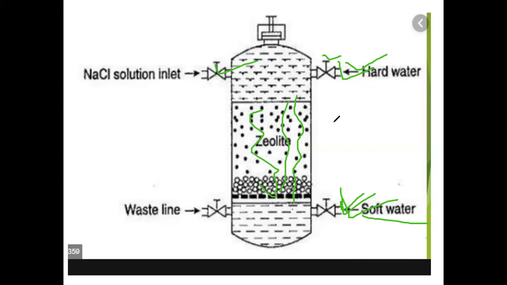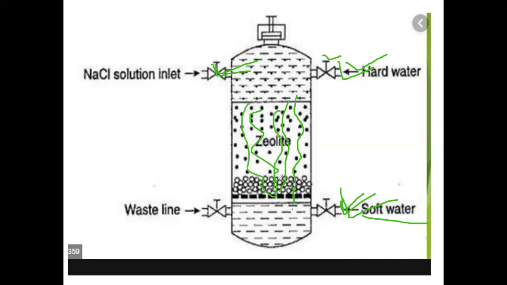10% to 20% NaCl you can add into distilled water and prepare the brine solution. And through this valve you can allow that brine solution to enter and pass through this zeolite bed.